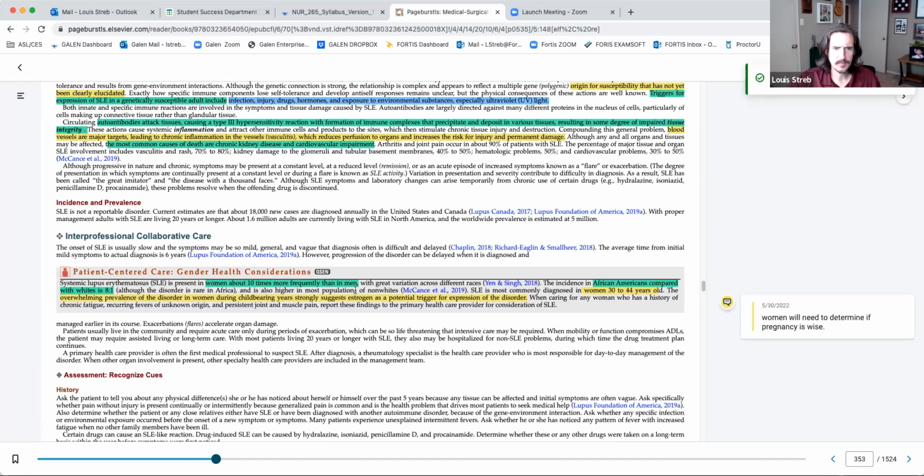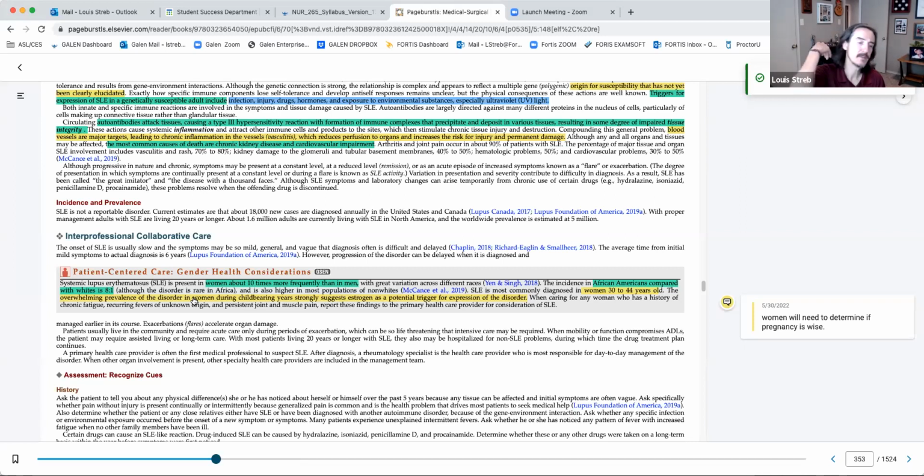It's also higher in most populations of non-whites. We know that it's commonly diagnosed in women 30 to 44 years of age. The overwhelming prevalence of the disorder is during childbearing age. So they think there's a strong potential for estrogen to be a trigger. So that explains why women are more likely than men to get it.